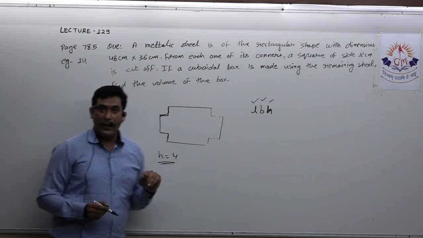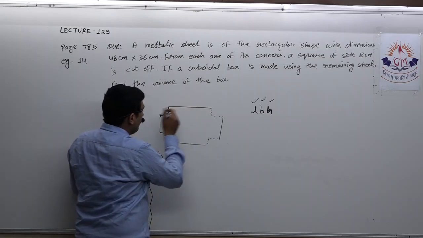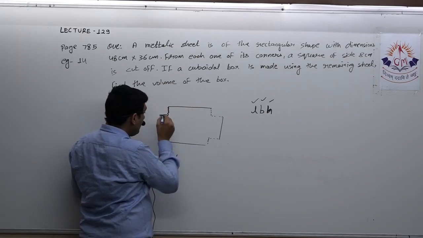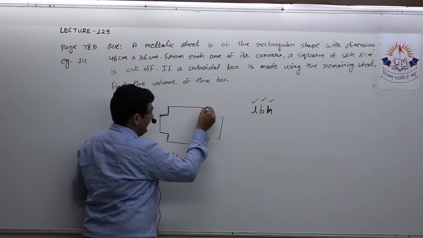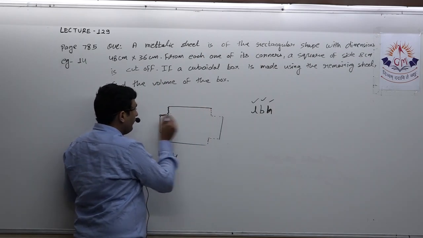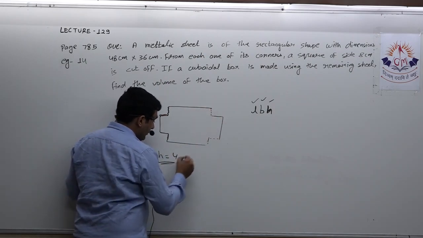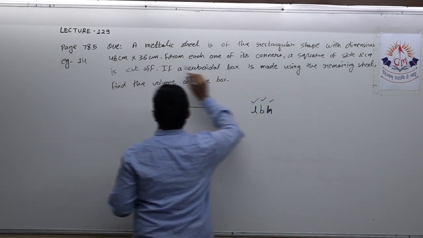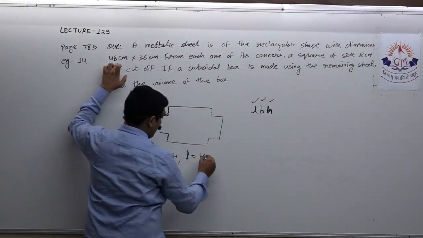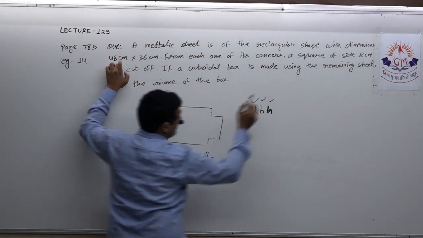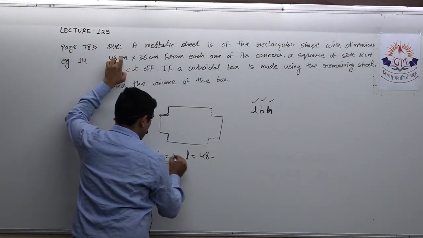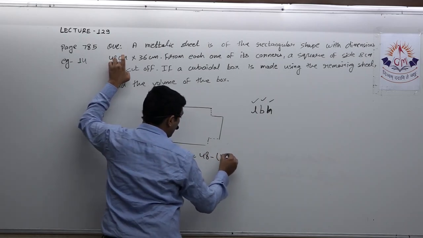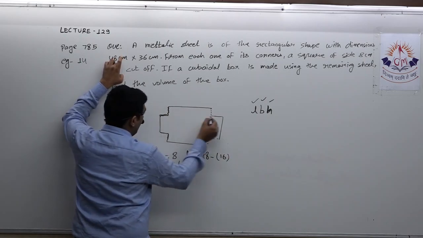Now what about L? This complete side is going to be the length, but this will be the effective length of the box, because this 4 and this 4 are not there. So L is the length 48 minus 8 and 8, that is 48 minus 16, because I have to subtract this 8 as well as this 8.